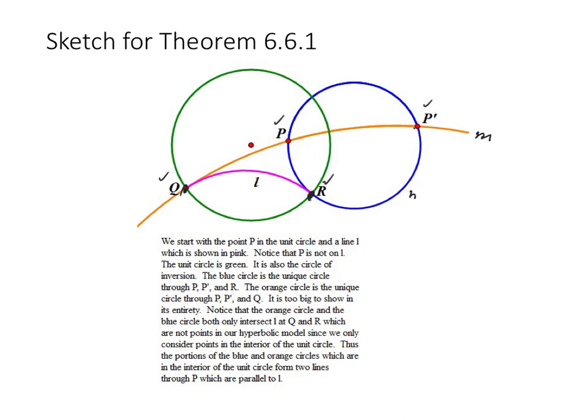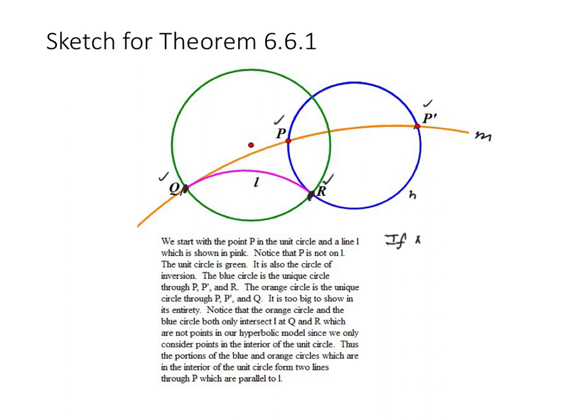So now what's to stop us from having some other point of intersection between, say, hyperbolic line M and hyperbolic line L? Well, let's suppose that we did have a point of intersection.